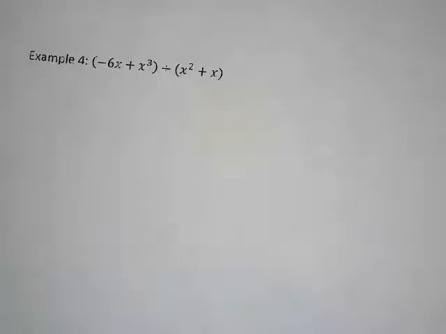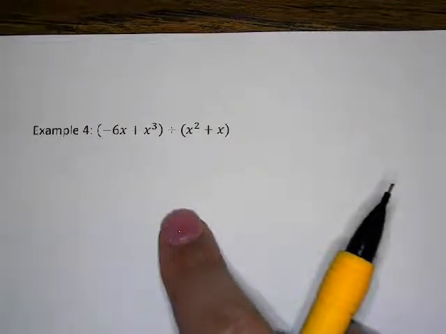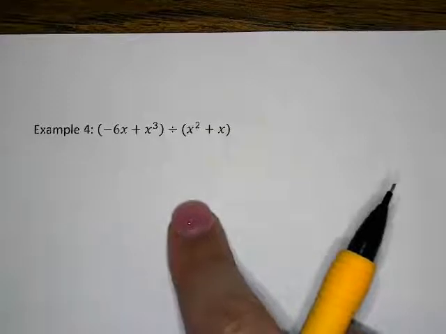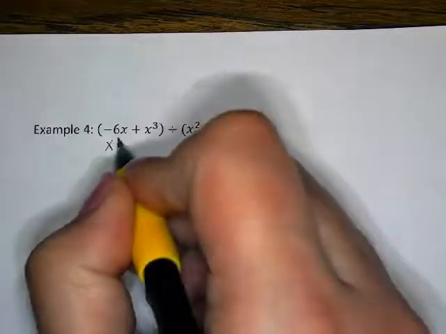All right, next example. So what do we have to do first? Is it written the way it should be? No. What do we have to do? Yeah, so this needs to be written in front, x cubed minus 6x. It's got to be written in the correct order.